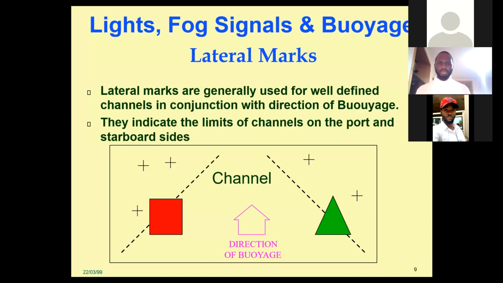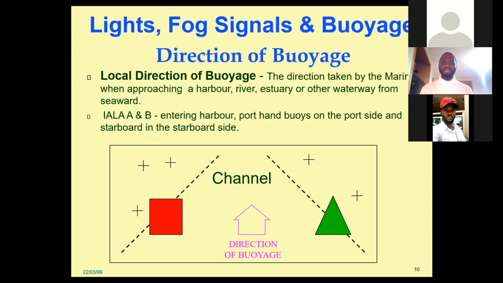For lateral marks, in both region A and B, the shape remains the same, but what changes is the color. Exactly, thank you. So we always have can on the port side and cone on the starboard, no matter the region. Only the color will be different between region A and region B.